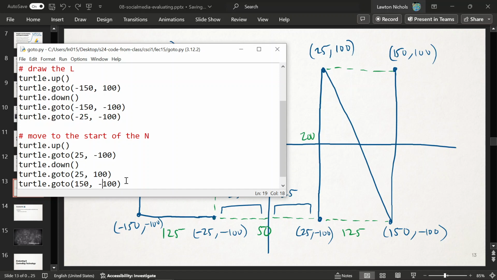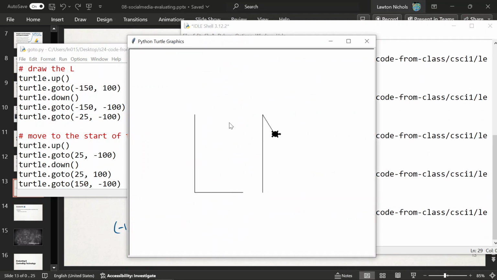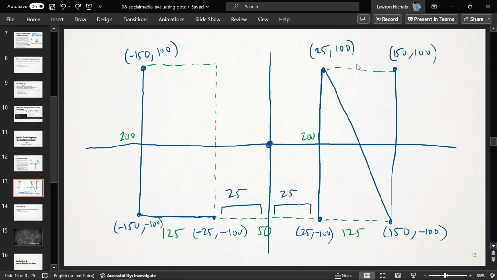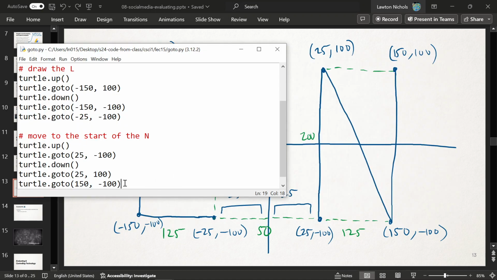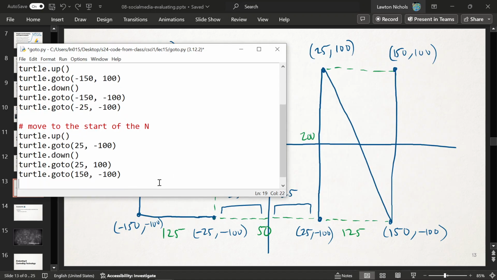So that's going to draw most of the N so far. Then I'm sitting right here at negative 50, negative 100. I want to go up now. So I just go to this place, 150, positive 100. And that, my friends, will give me my letter. And so this was move to the start of the N. This was actually drawing the N, this part.